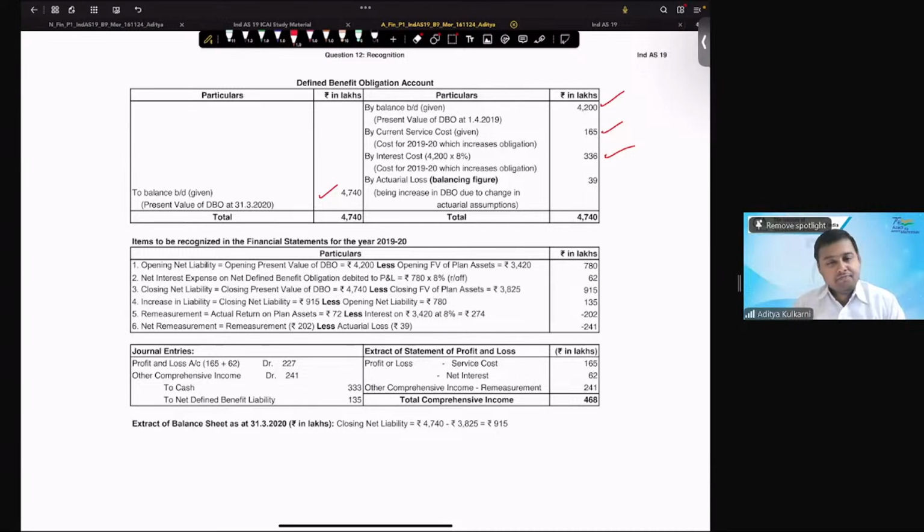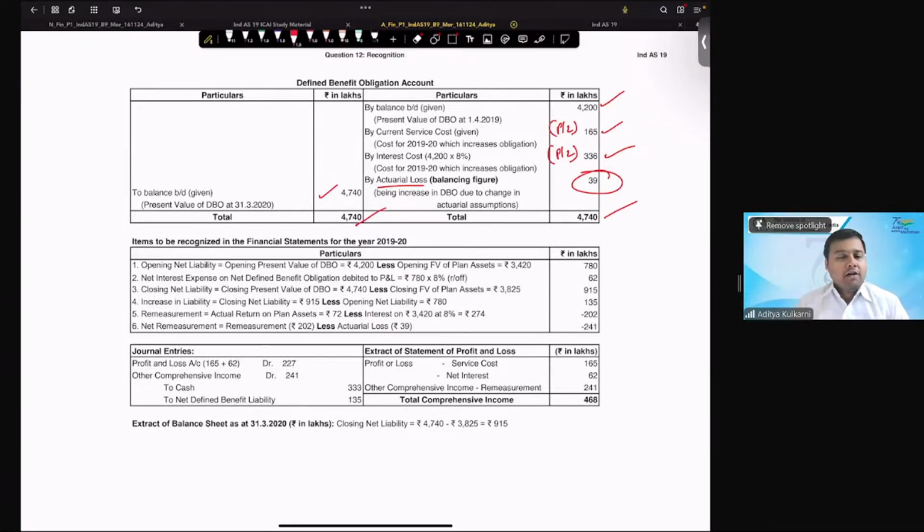Yes sir. So this figure goes to the P&L. This figure also goes to the P&L. This figure of 39 is a balancing figure, which is nothing but actuarial loss. Are we able to understand? Yes sir. So 4,740 is your defined benefit obligation account total.